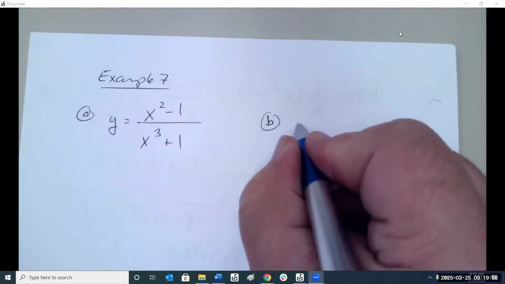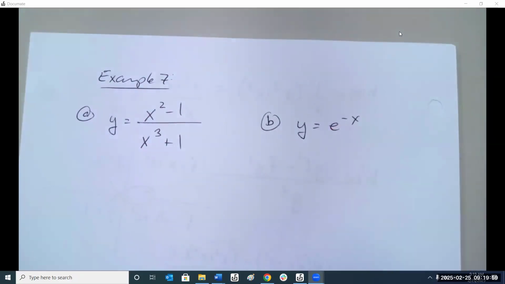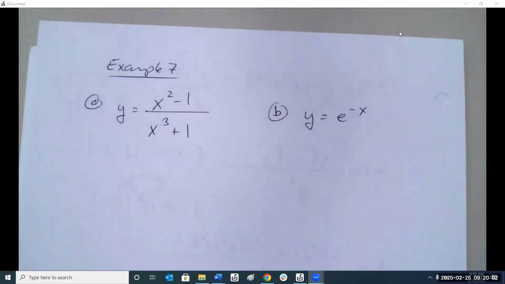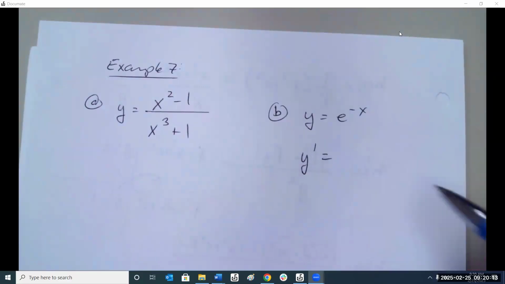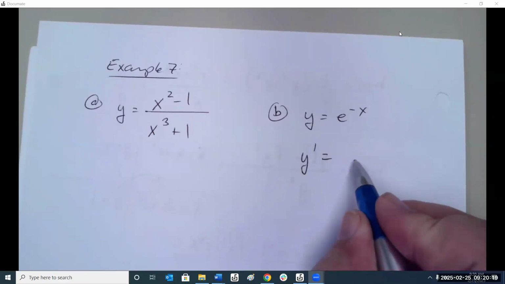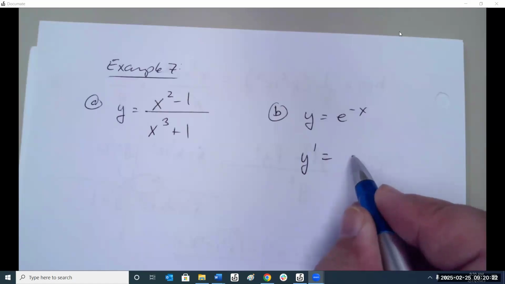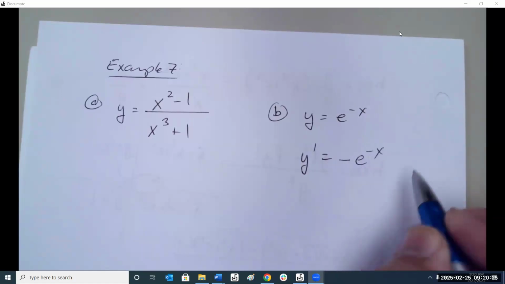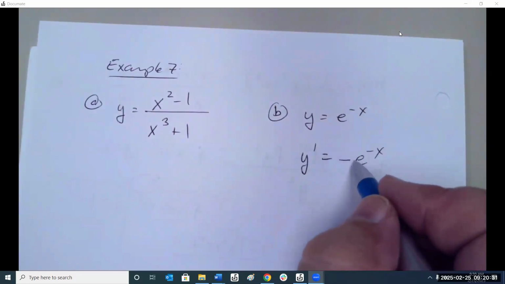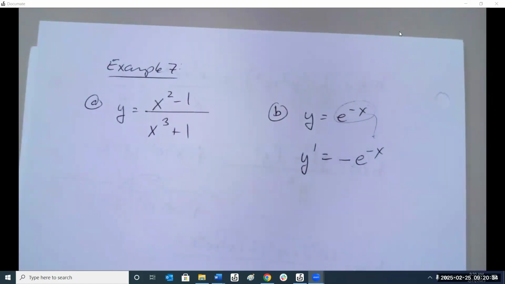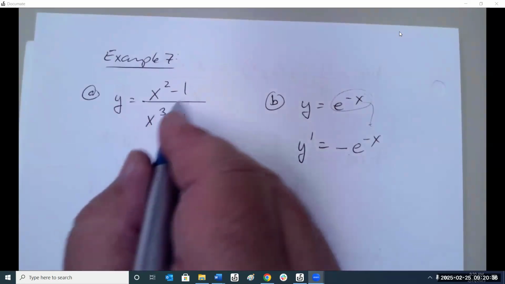That's A. B is, we know what this next one's going to be. What's that going to be? Because the derivative of negative x is negative 1, which is just negative, and leave the e to the x. So we only have to do this problem.